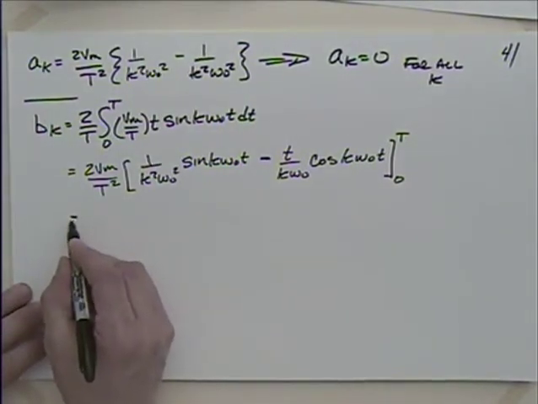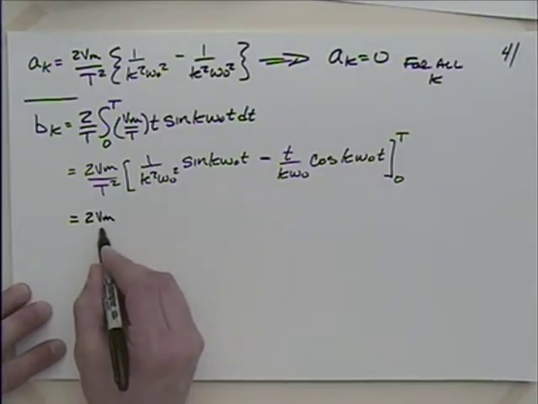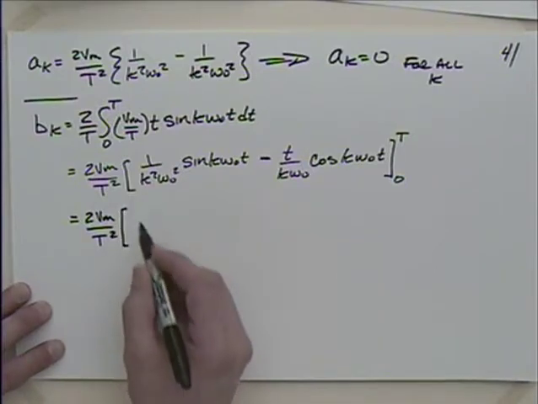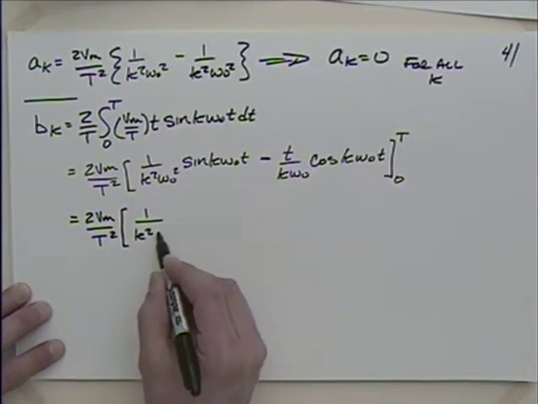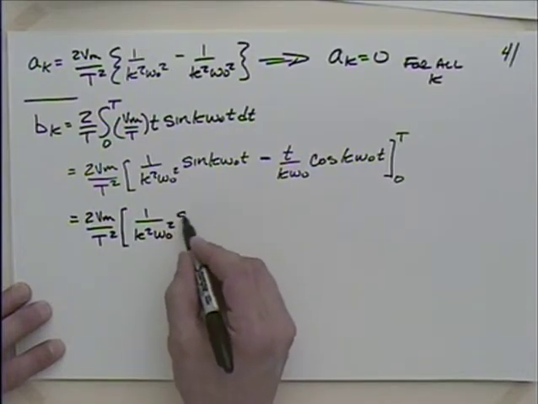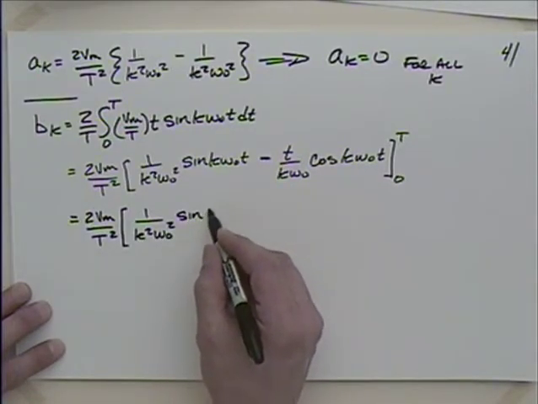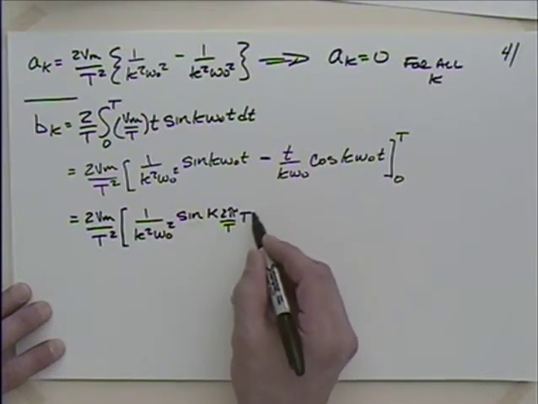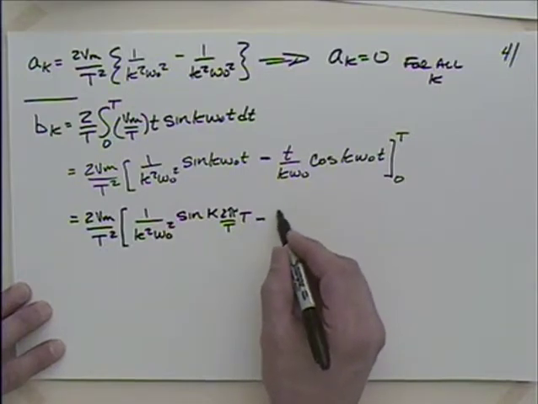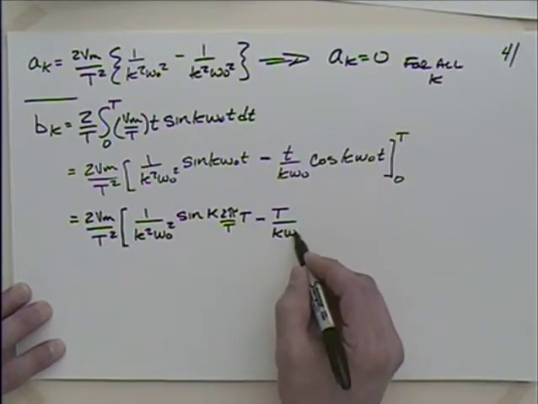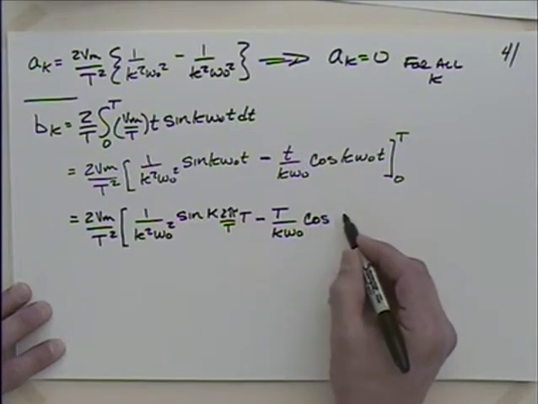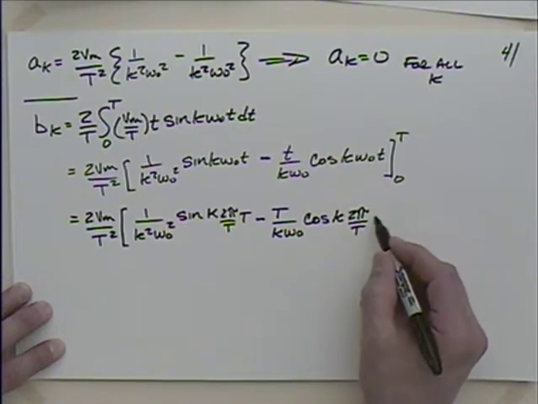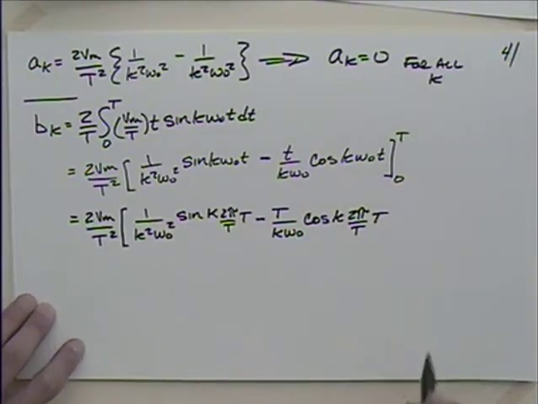Okay, so I'll put the values in here. Let's see, I'll go ahead and say I'll have k 2 pi over T times T minus T over k omega naught cosine k 2 pi over T times T. Then I have the lower limit.